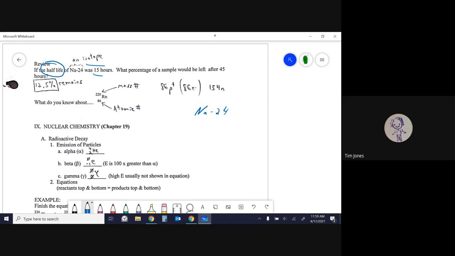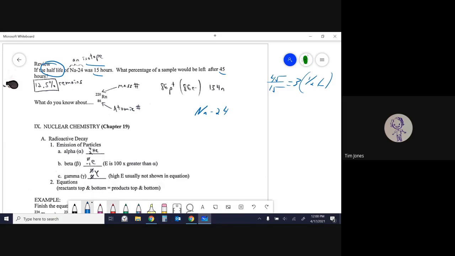Question says, what percentage remains after 45 hours? Well, that's also really nice and contrived in that it's exactly 3 half-lives. So I know that because 45 divided by 15 is, of course, 3 half-lives. So that means the starting amount has been cut in half 3 times.